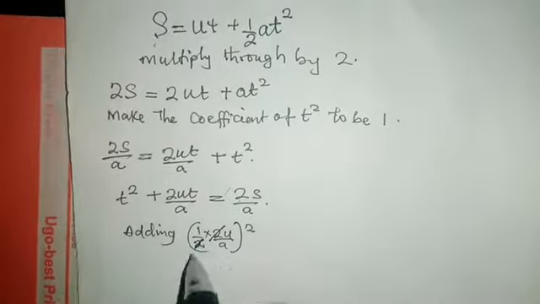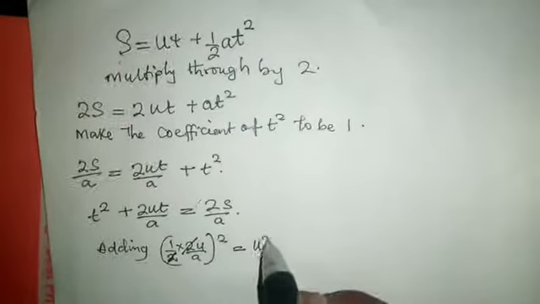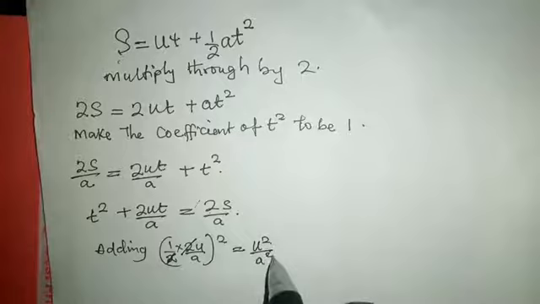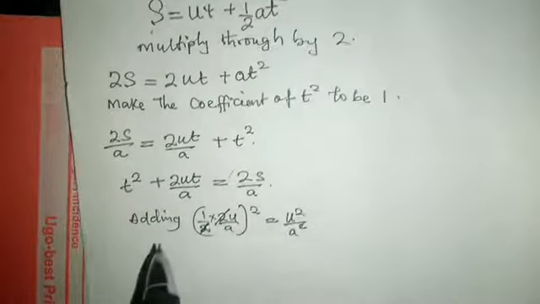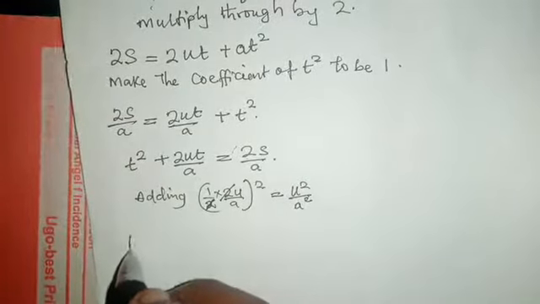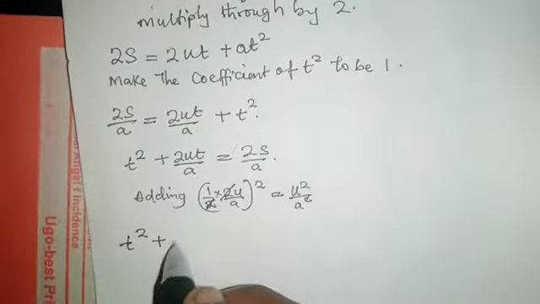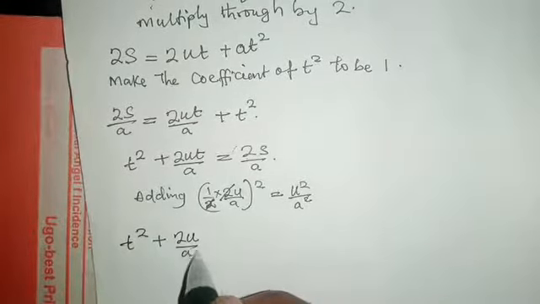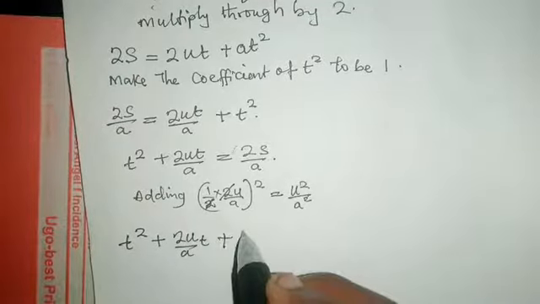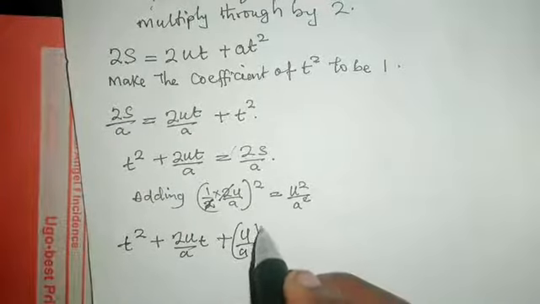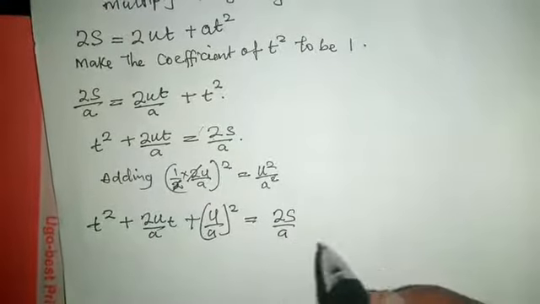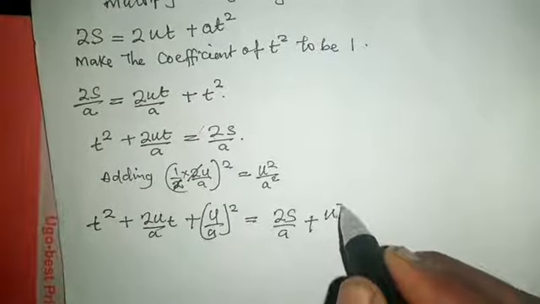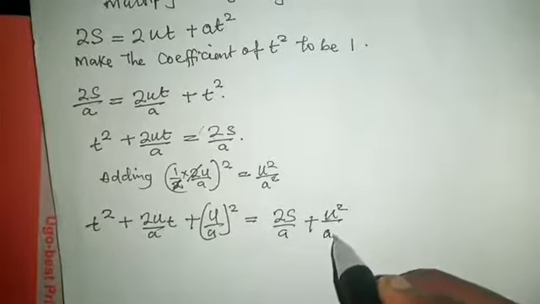So if I cancel this, it becomes u squared over a squared. I'm going to add this u squared over a squared to both sides to complete the square. I'll have t squared plus 2ut over a plus u squared over a squared, is equal to 2s over a plus u squared over a squared.